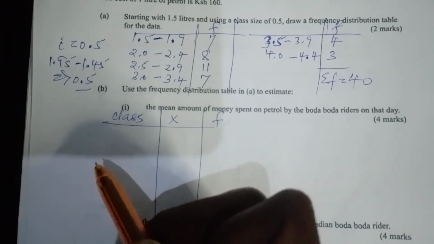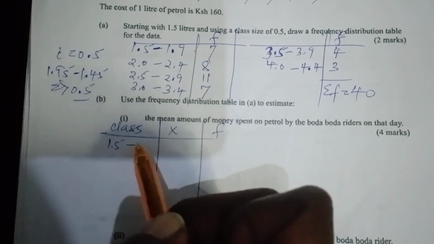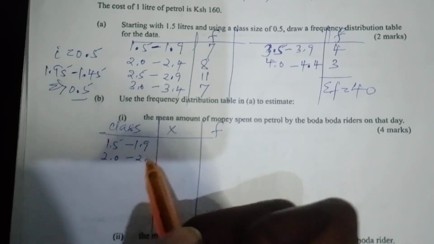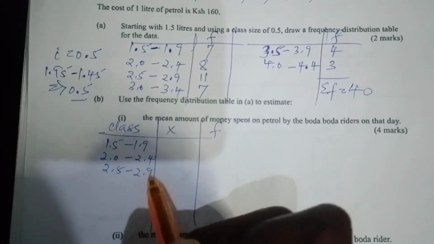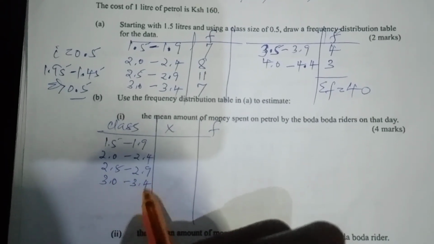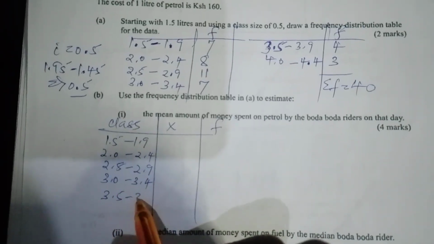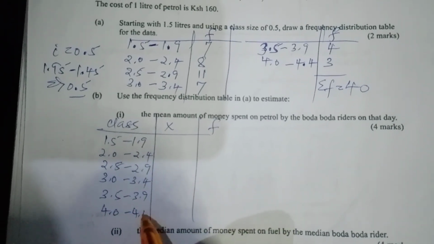The classes: 1.5 to 1.9, 2.0 to 2.4, 2.5 to 2.9, 3.0 to 3.4, 3.5 to 3.9, 4.0 to 4.4.